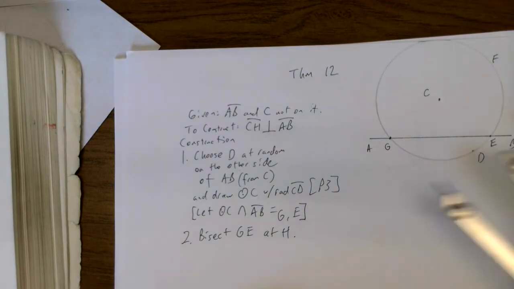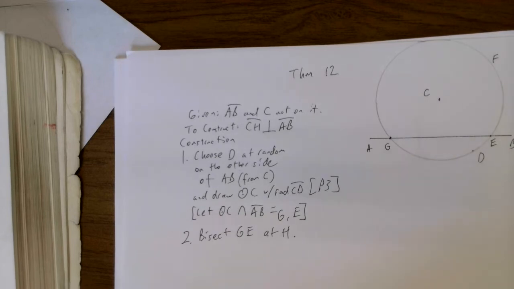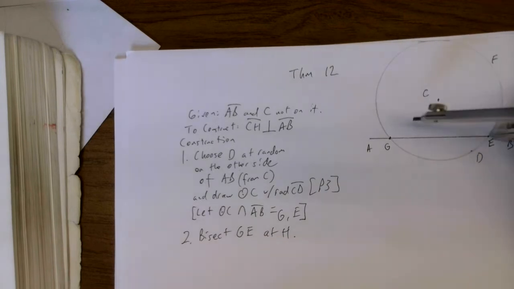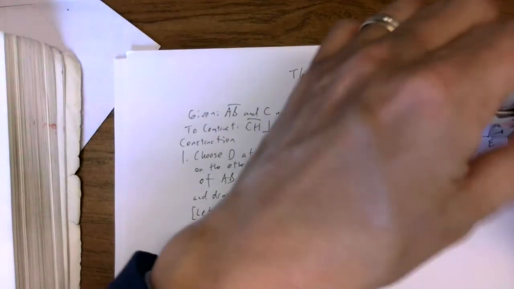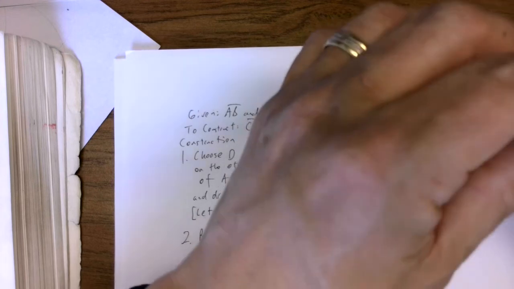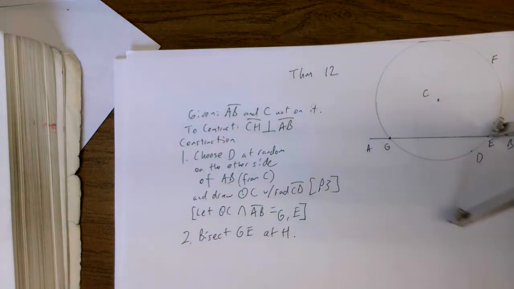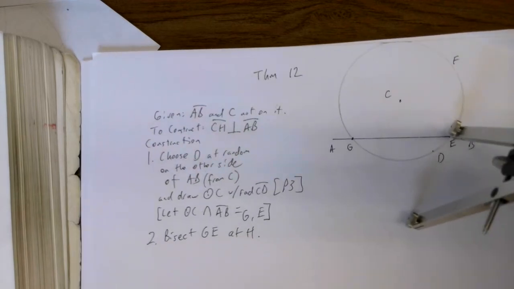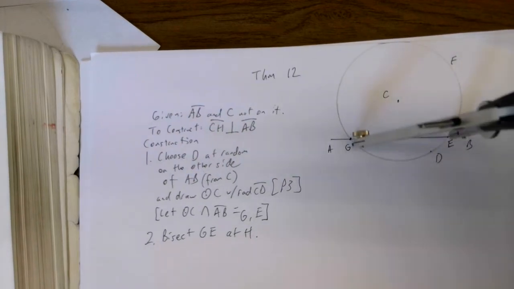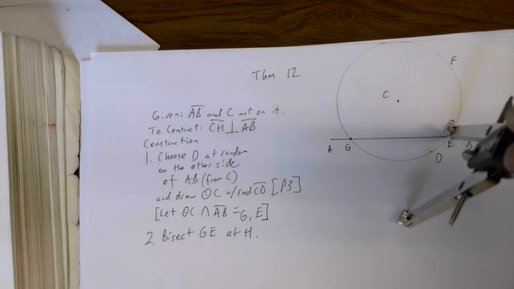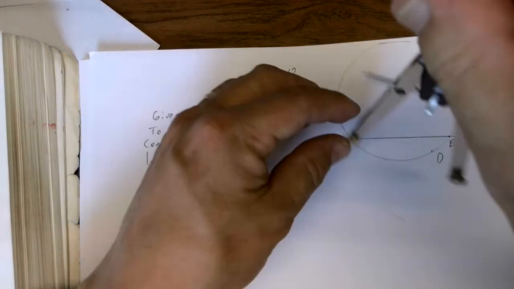Okay. Do you remember how to bisect GE? What theorem is that? It is theorem not 9, but 10. And so do you remember what it was? All you had to do was, well, yeah, bisect a straight line. How? Didn't we just make a, yes, all we did was make an equilateral triangle on the line.